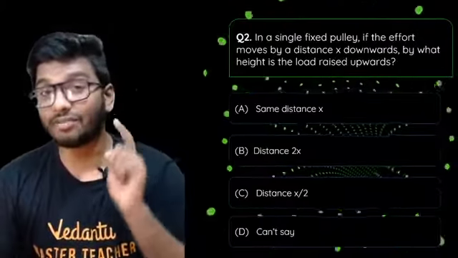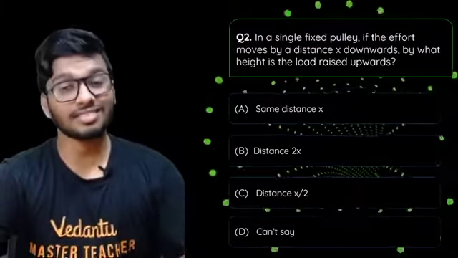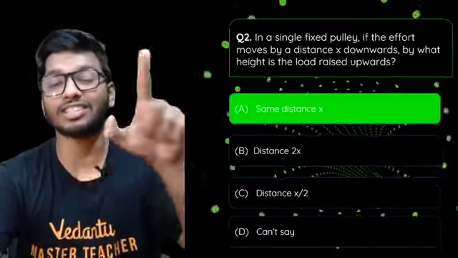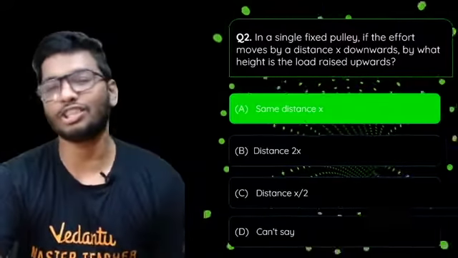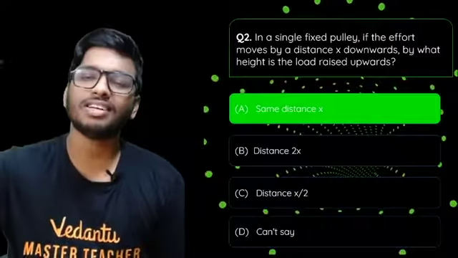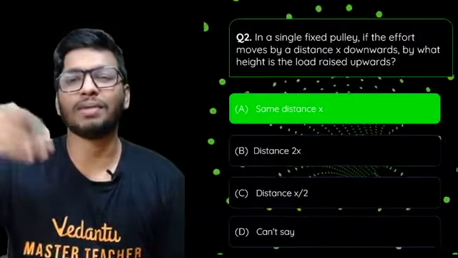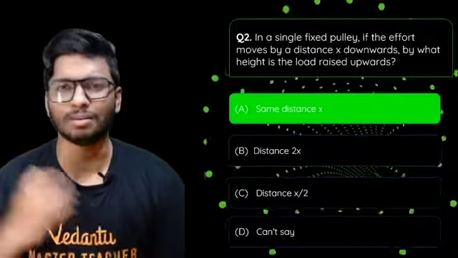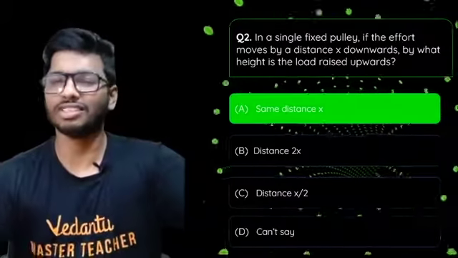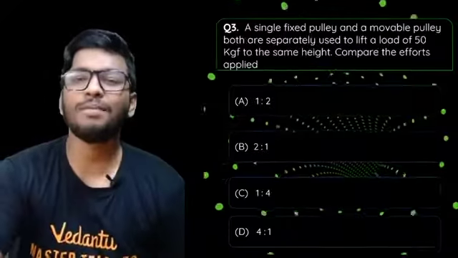Now here it is a single fixed pulley. So the answer to this question, guys, you know it. The answer is option number A, which is nothing but same distance as x. Because over here the velocity ratio is equal to 1. So whatever is the displacement of the effort, the displacement of the load would also be the exact same. Or the distance moved by the effort will be equal to the distance moved by the load. As simple as that. Moving on to the third question, guys.